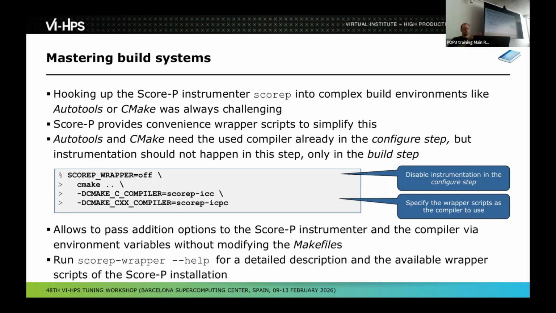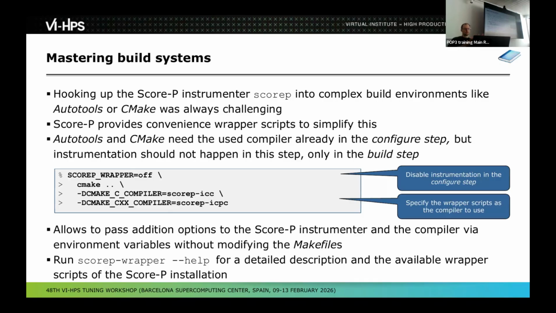Instead of the scorep space icc, we have a scorep-icc command, which basically wraps the prefix and the options, and afterwards we just provide it with the command and the parameters. The advantage is, for example in this case with CMake, you can define it as a singular compiler, which is instrumenting your application.